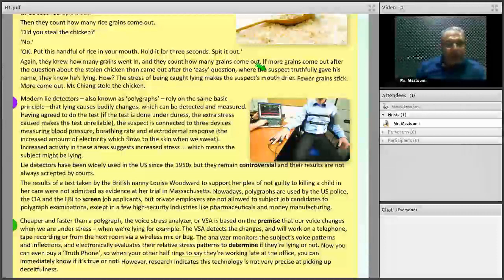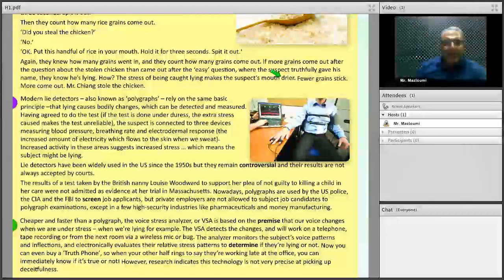So, the stress of being caught. Remember, according to the ancient Chinese, when someone is lying, they feel stressed, and this stress makes the mouth drier. So, the stress of being caught lying makes the suspect's mouth drier, opposite of wet.